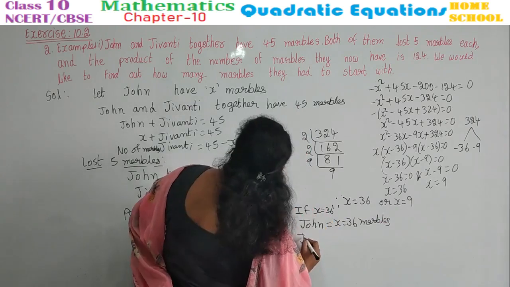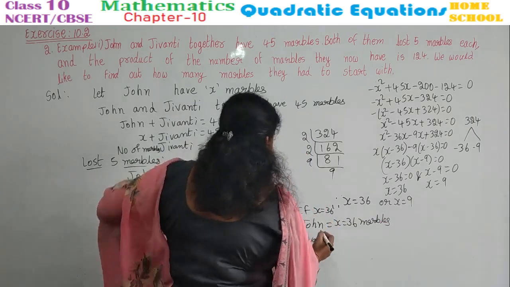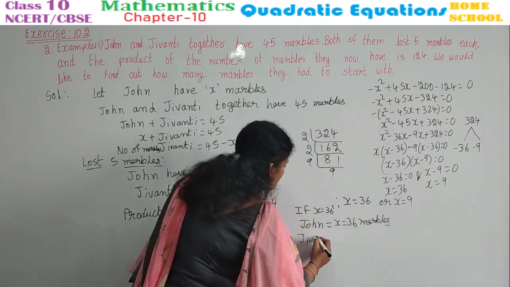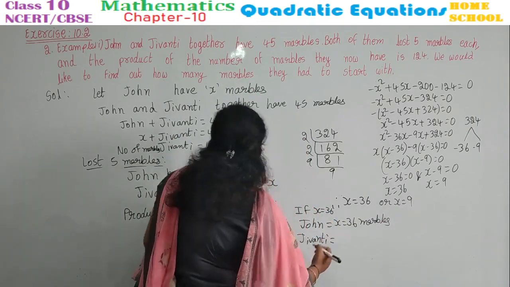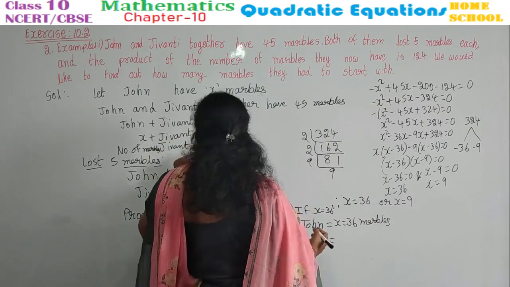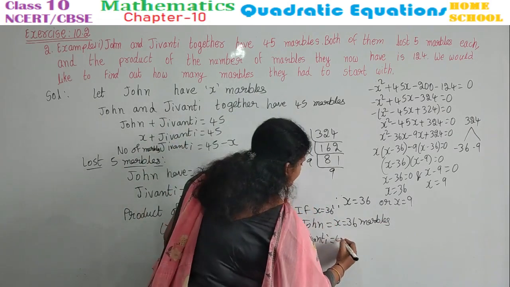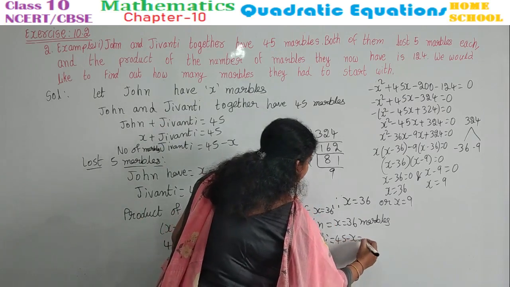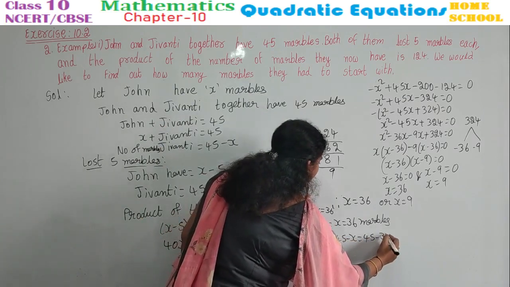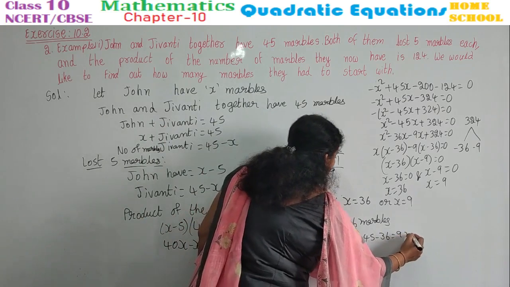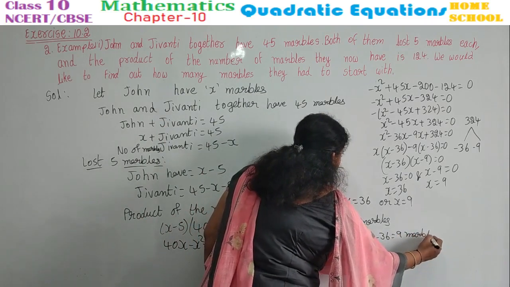Jeevanti is equal to how many marbles then? 45 minus x. That will be 45 minus 36 is equal to 9 marbles.